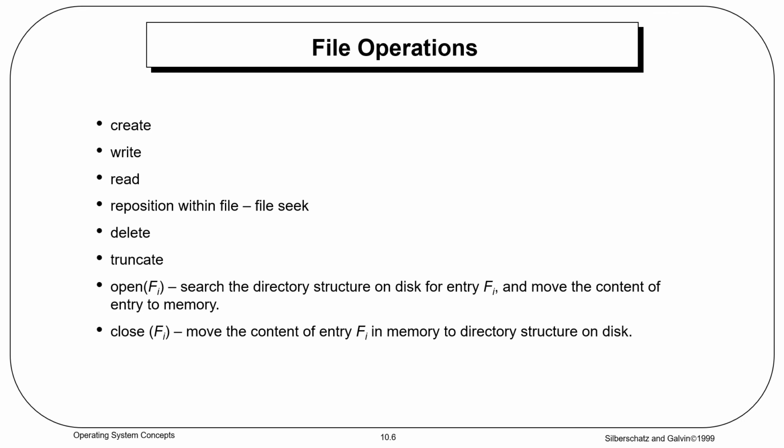The next important thing is that there are two system calls associated with file operations. One is the open system call, the second is the close system call. We'll discuss the open system call in detail. Most operating systems involve searching the directory for the entry associated with the named file.